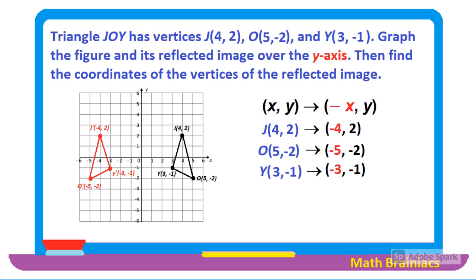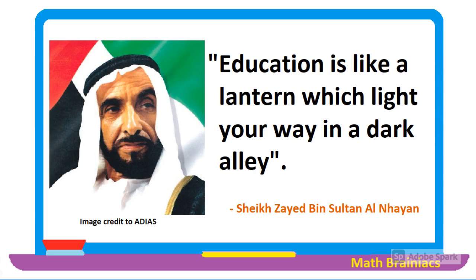It is easy, right? To conclude our lesson for today, I want you to always remember what His Highness Sheikh Zayed bin Sultan Al Nahyan, may his soul rest in peace, wrote for us. Education is like a lantern which lights your way in a dark alley. Sheikh Zayed wrote and left this quote for us so that the youth will always remember the importance of education.